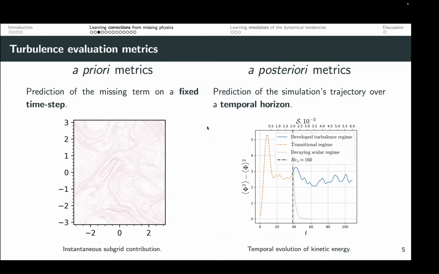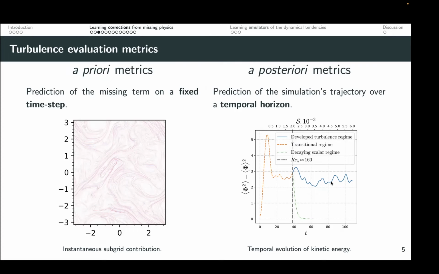So in turbulence, we have two ways of evaluating a model. That's the a priori metric, where we just evaluate, for example, the mean square error or the correlation of the field that we predicted versus the ground truth. So this corresponds exactly to what you're doing when you're doing supervised learning. Basically, you're trying to fit the term.